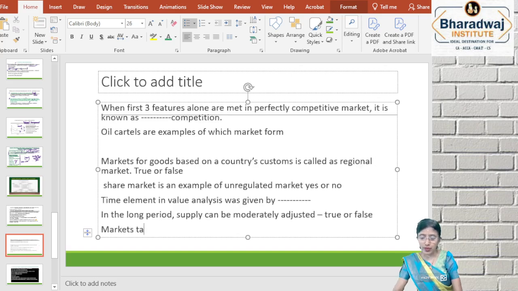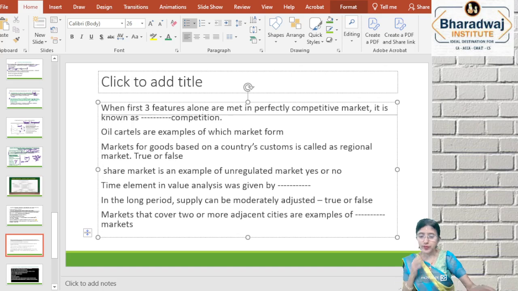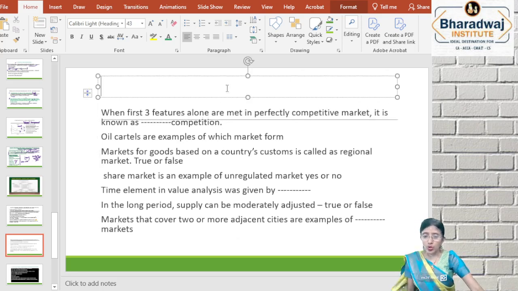Markets that cover two or more adjacent cities are examples of dash markets. Okay. So we will do this set of questions. This exercise we will do and then go for the other one.